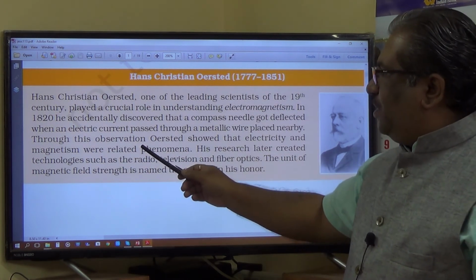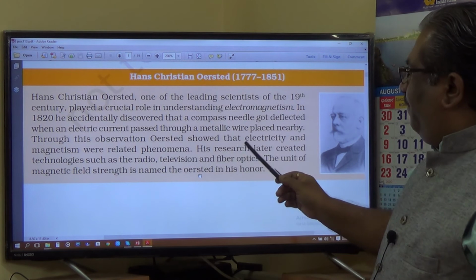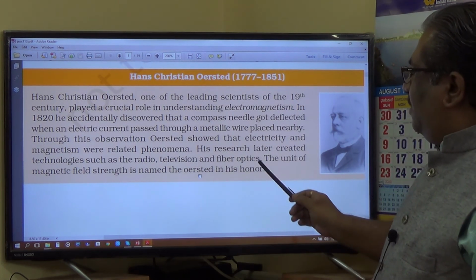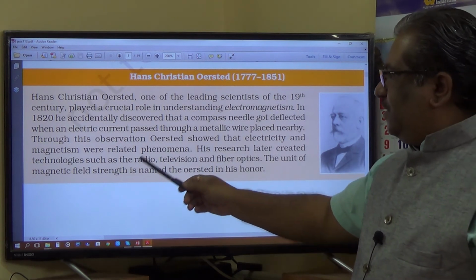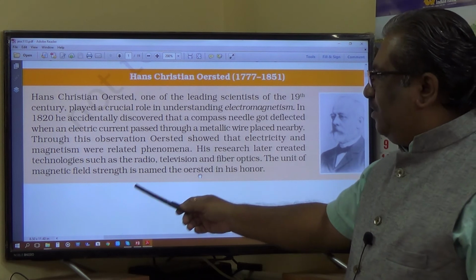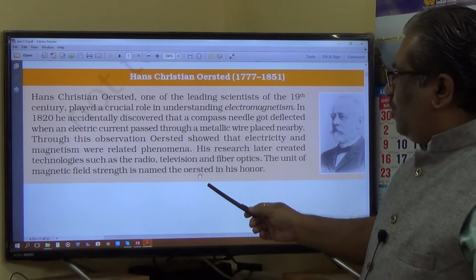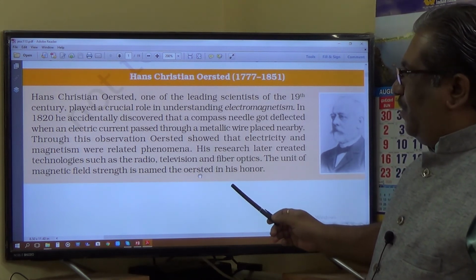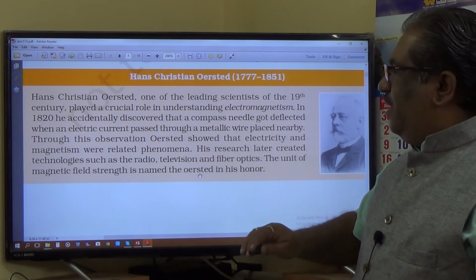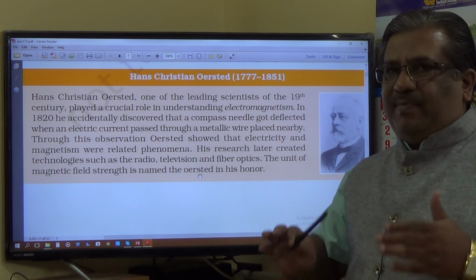Through this observation, Oersted showed that electricity and magnetism were related phenomena. His research later created technologies such as radio, television, and fiber optics. The unit of magnetic field strength is named the Oersted in his honor. So this is a brief history about Hans Christian Oersted, and his experiment forms the basis.